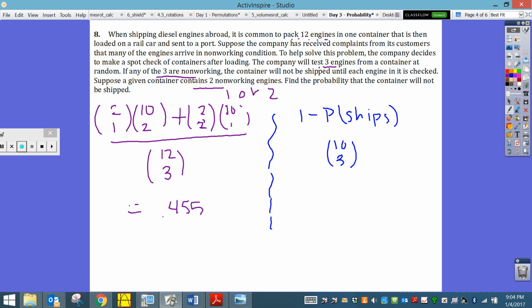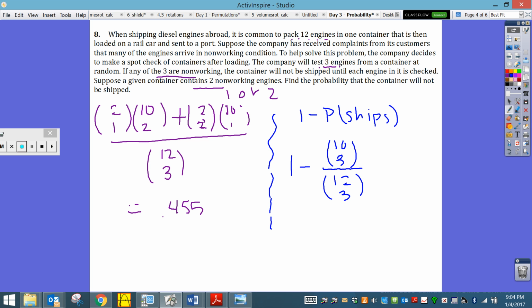So 2 were not working, the other 10 in the set were working. So our sample size of 3 that we have to check is going to come from all of the working ones. So what's the probability that that happens? Over 12 choose 3. 1 minus this.